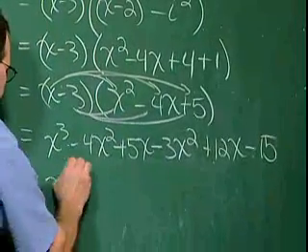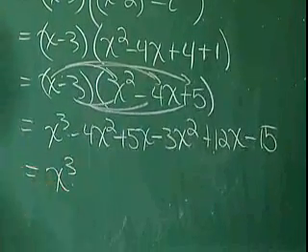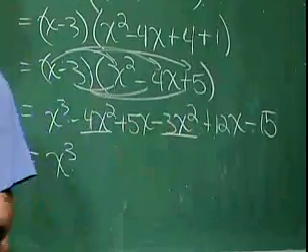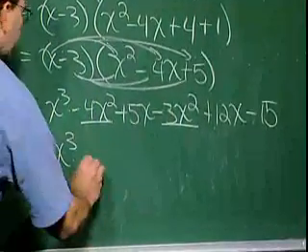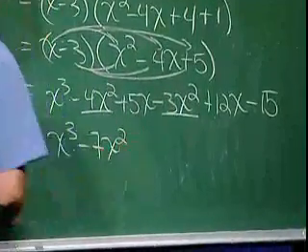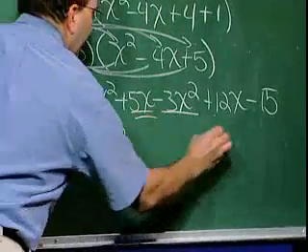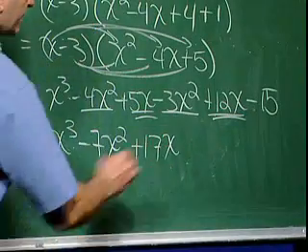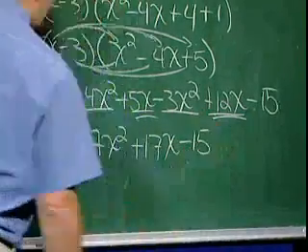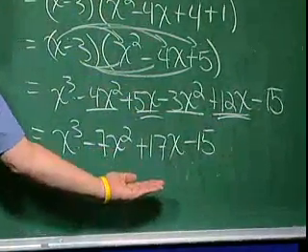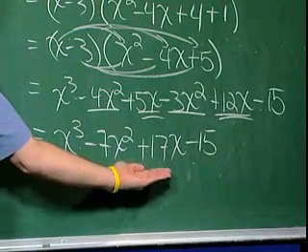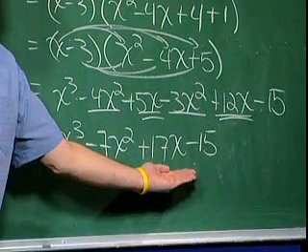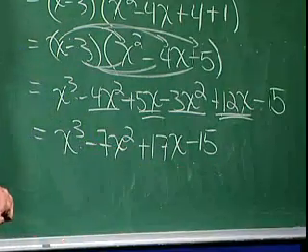Let's combine like terms. There's no other cube term. We have minus 4x squared and minus 3x squared for minus 7x squared. We have 5x and 12x for plus 17x. And then finally, the constant term of minus 15. So the cubic we're looking for is x cubed minus 7x squared plus 17x minus 15.